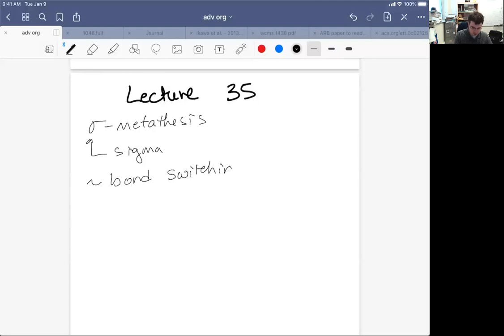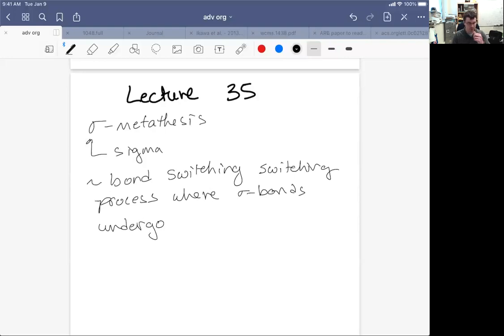So it's a bond switching process where sigma bonds undergo metathesis, or sort of a switching.